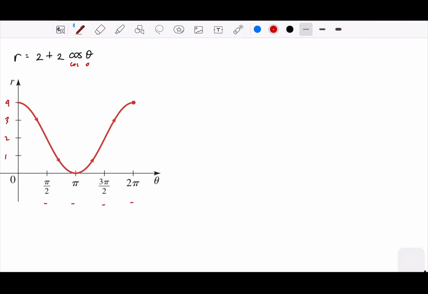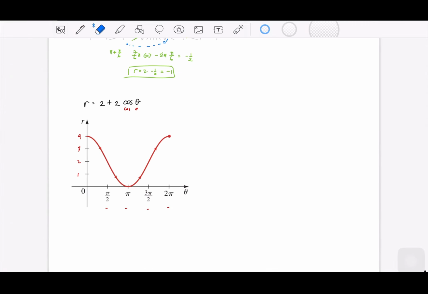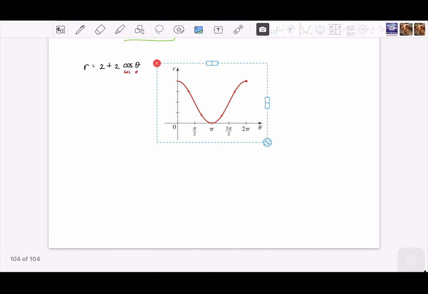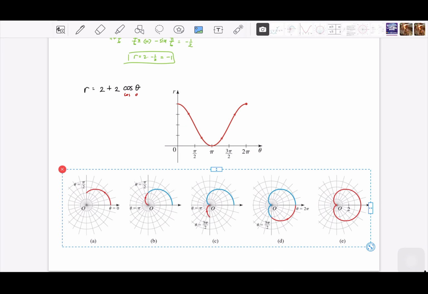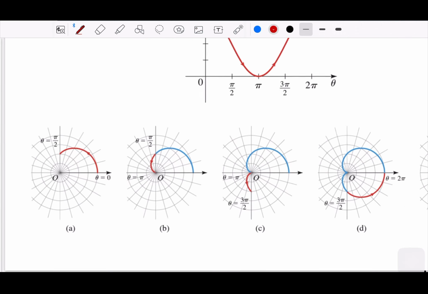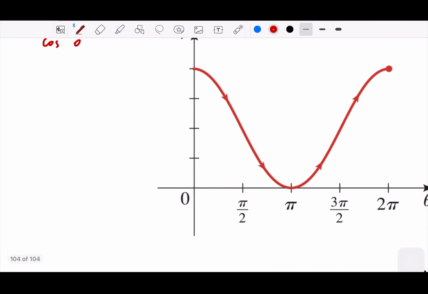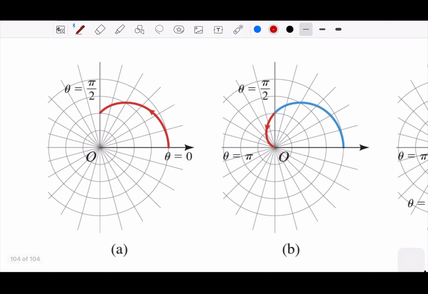So let me draw the polar grids. Let me take this into here, and then the polar will have this set of points. We start from here, theta 0 and theta pi over 2. From theta equals 0, it's 1, so we start from around here.